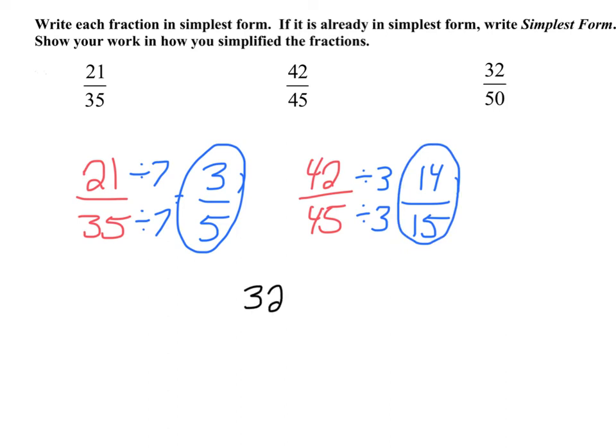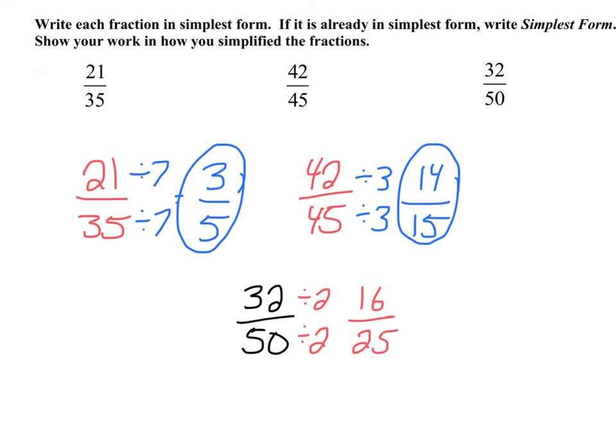So let's try the last one, 32 50ths. So again, I look at 32 and 50 and I ask, what can they both be divided by? Well, in this case, let's try 2. So I'm going to divide each one of them by 2. 32 divided by 2 is 16. 50 divided by 2 is 25. Then I look to see, can I divide out any more?